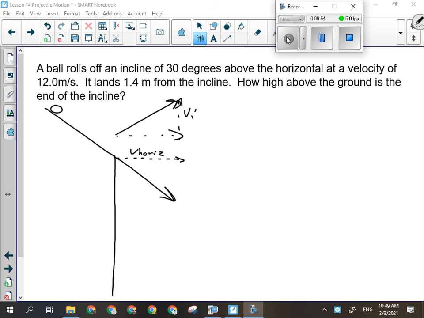Okay, so now this side's V horizontal, and this side is VI. So now VI is actually going to start out positive or negative? Negative. Now in this case, will VF and VI be equal? No, they won't. We're not talking about landing at the same height we're being launched from. We're being launched from here, we're ending up down there.